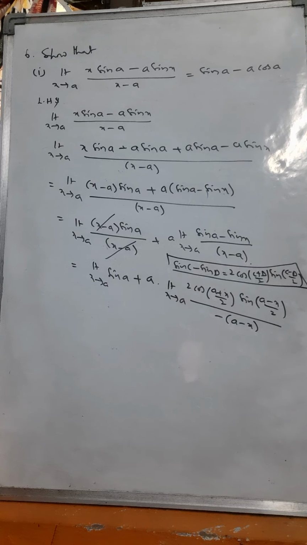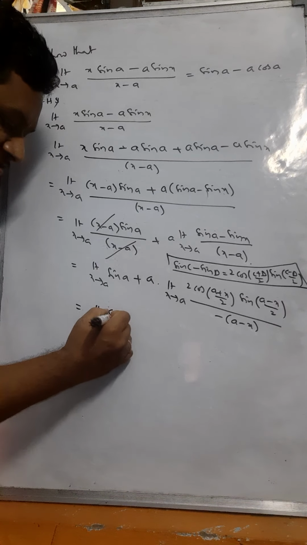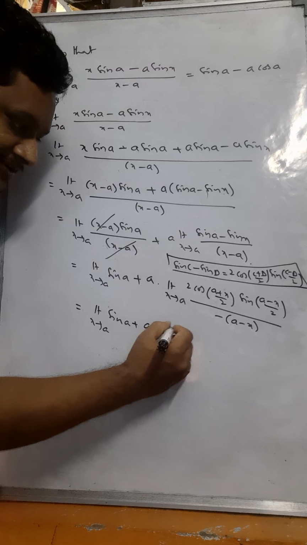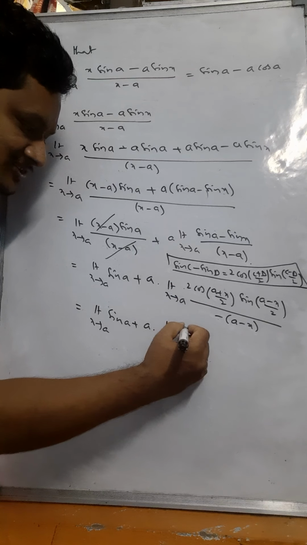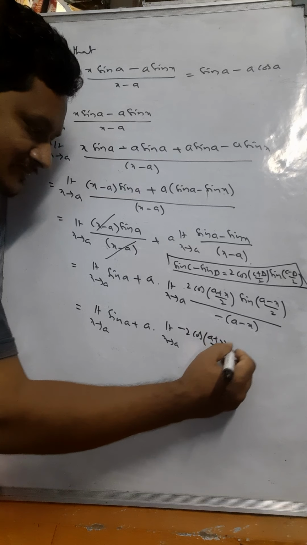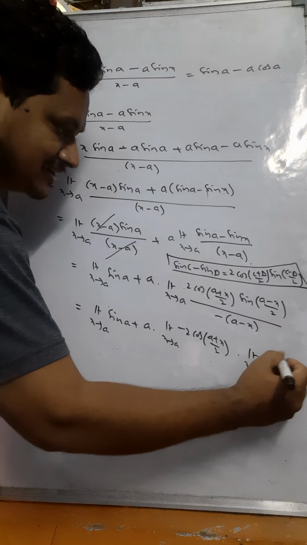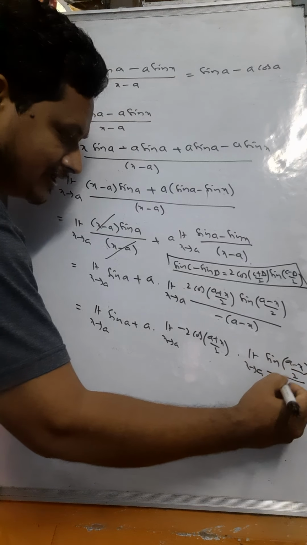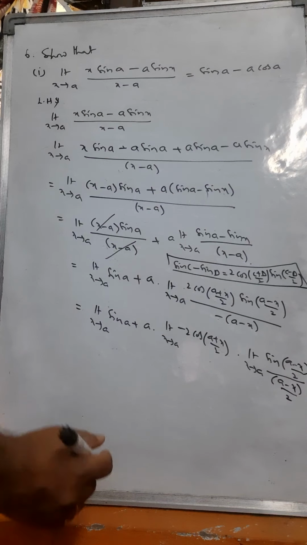So this is equal to limit x tends to a of sin a plus a, into the limit of 2 cos((a plus x) by 2) into limit x tends to a of sin((a minus x) by 2) by (a minus x) by 2 with the minus sign, multiplying and dividing by 1 by 2.